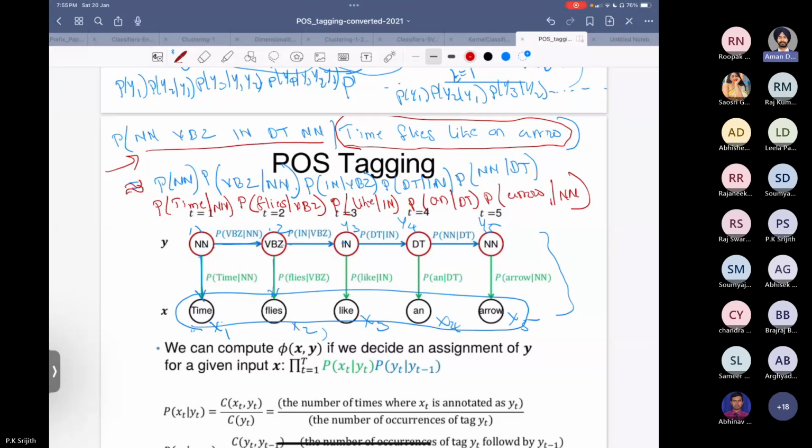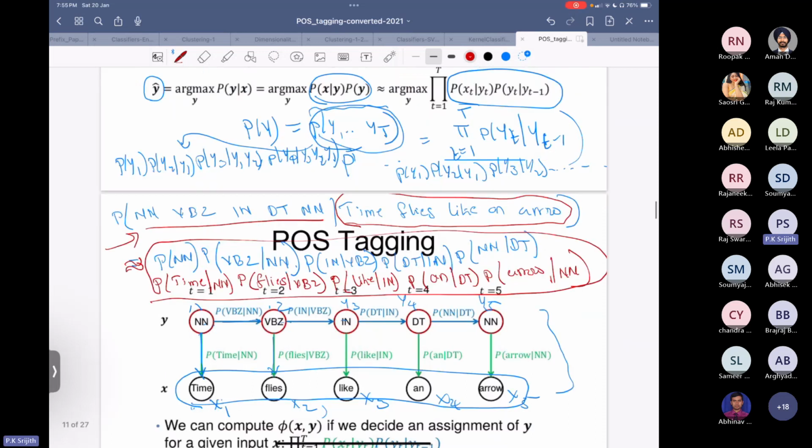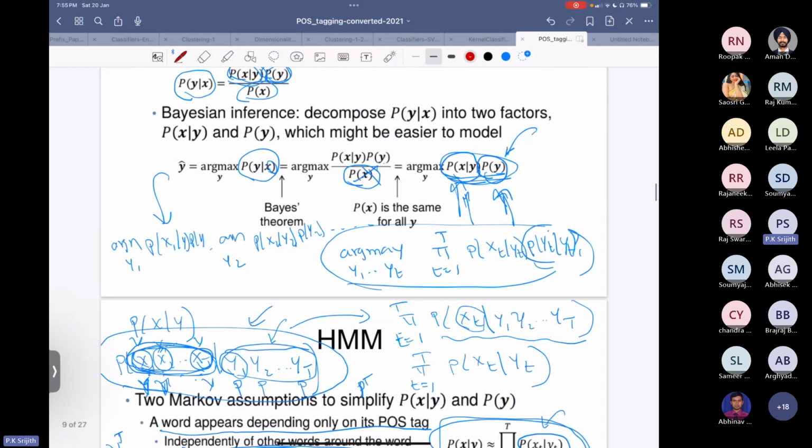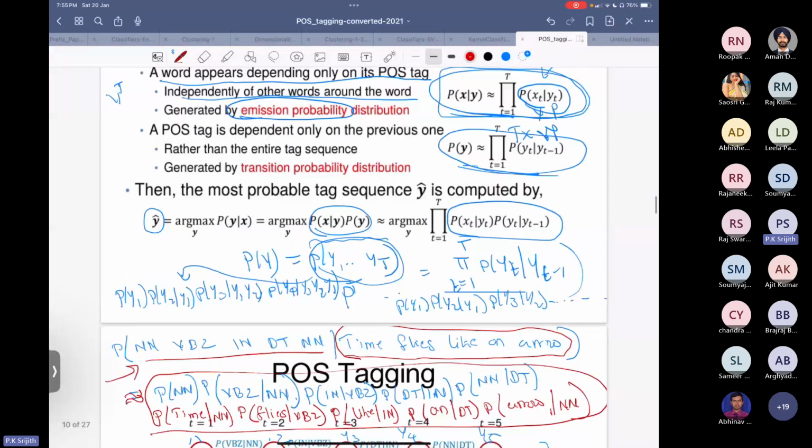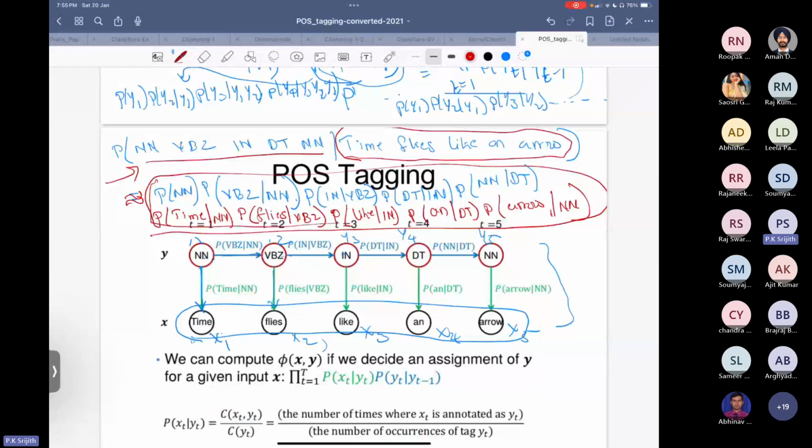In fact, we are not exactly computing probability because we are ignoring the denominator term, since we don't need it to find the best possible tag sequence. What this gives you is just some likelihood associated with all these different tag sequences.